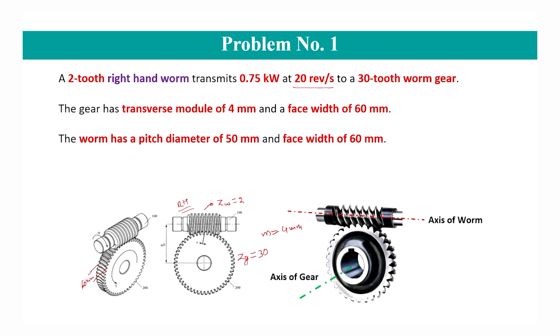The worm has a pitch diameter of 50 mm. If this is the pitch cylinder of the worm, then the diameter of the pitch cylinder dW is 50 mm.